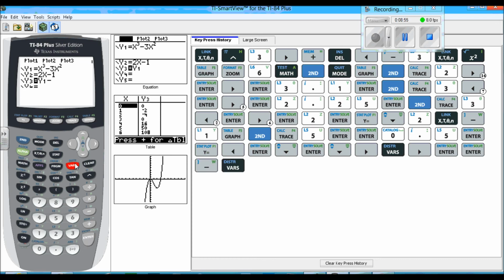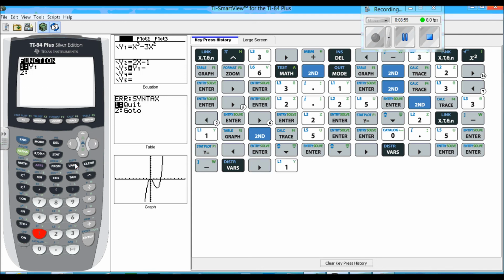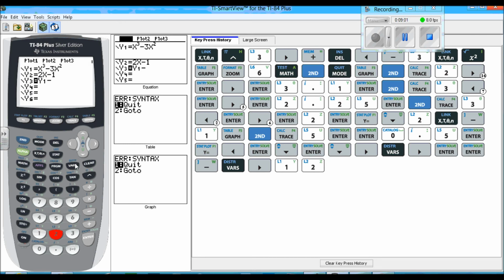So I go back to vars, yvars, function, and then y2. Okay, so I'm going to graph that.